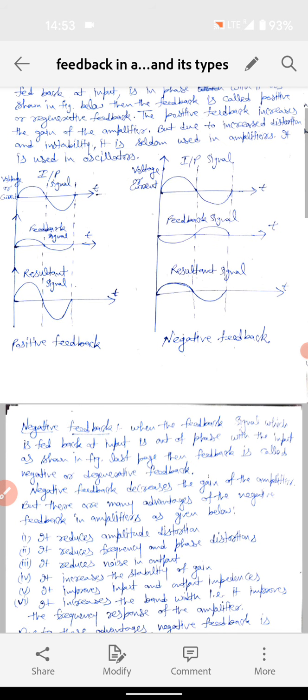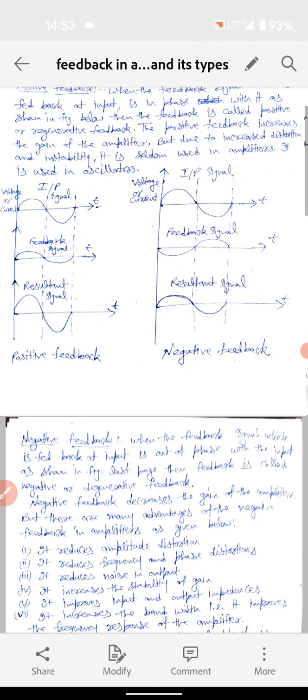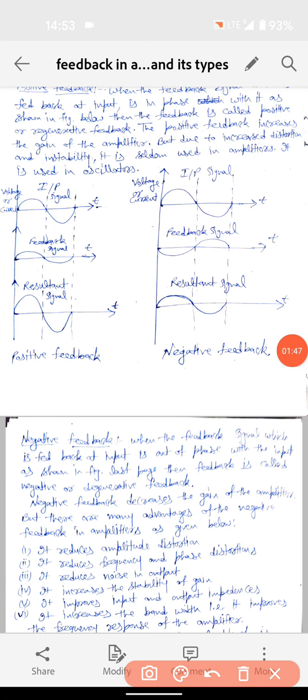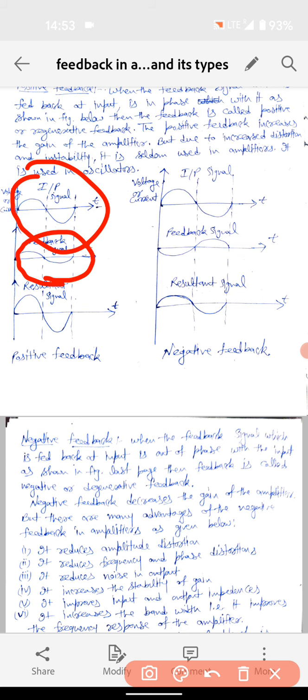This is the diagram. Suppose this is our input signal, and corresponding to this input signal, a part of the output is fed back to the circuit, so that the resultant signal will be like this.